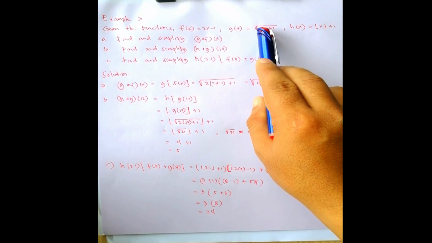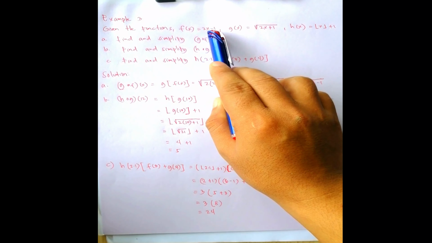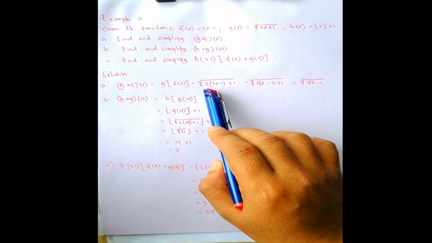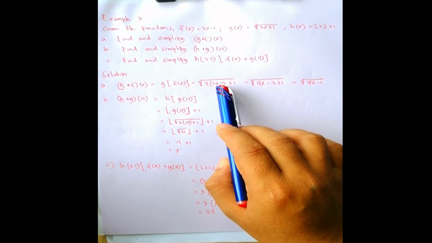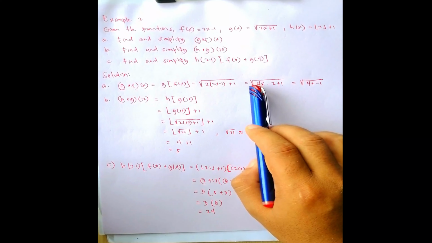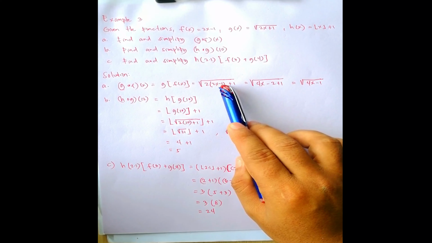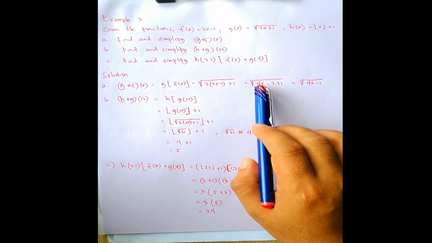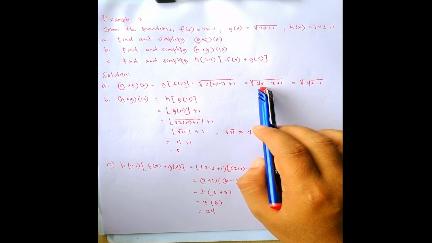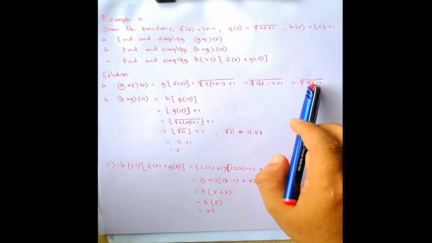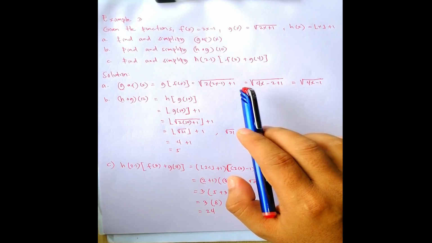So since this is the function g, and we need to substitute 2x minus 1 in the x here, the value will become square root of 2 times 2x minus 1 plus 1. So this is the same as square root of 2 times 2x is 4x, 2 times negative 1 is negative 2, plus 1. Okay? So square root of 4x minus 2 plus 1 is the same as square root of 4x minus 1.